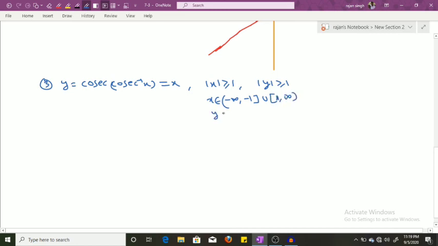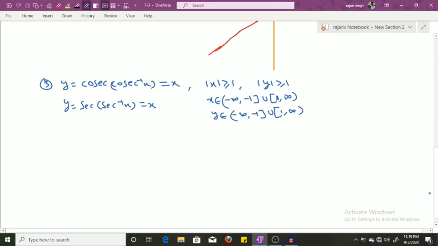Same for y also, -infinity to -1, union 1 to infinity. It means the graph belongs to only -infinity to -1 and 1 to infinity, not in between them. And same for sec of sec inverse x.